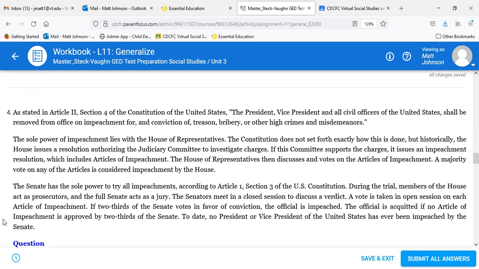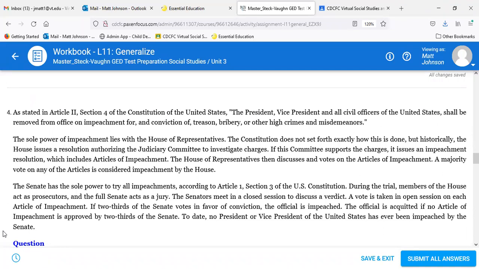And this is why we've never had a president removed from office, because typically when that's occurred, the majority of senators have been the party of the president. So it's been real iffy here lately because we have such a close, almost 50-50 split in the Senate.